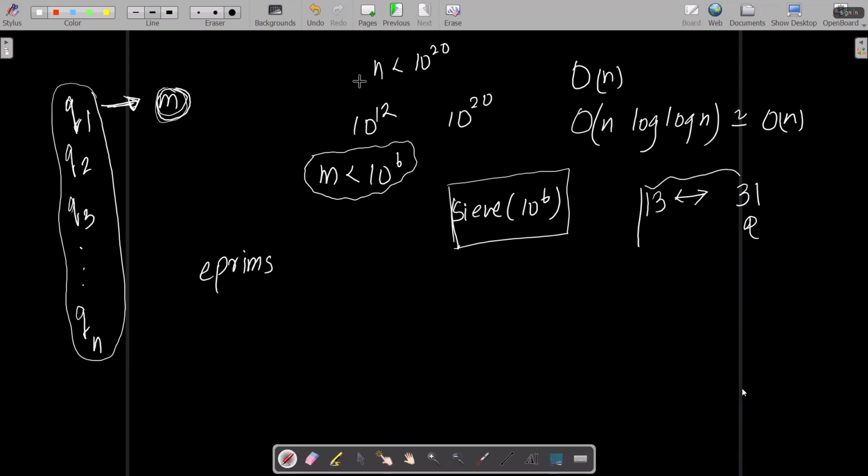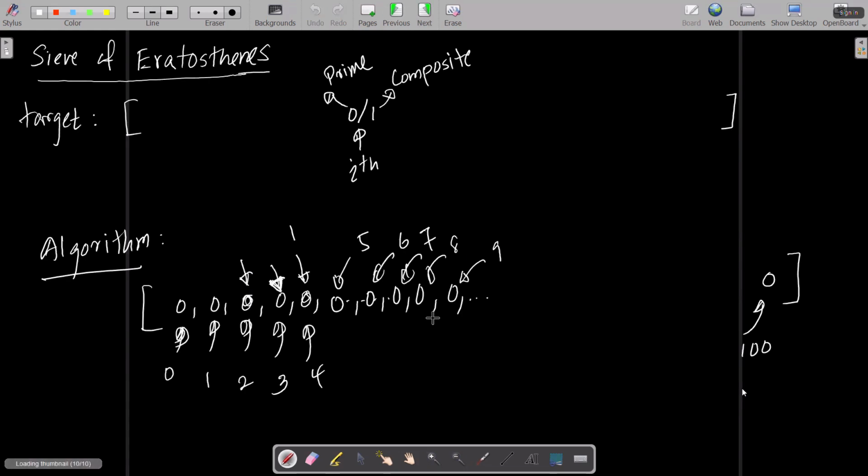Okay. Now actually we can extend this sieve. Here what we did was when we encounter a prime, we set all the multiples to 1. Instead, we can set all the multiples to the prime. Say we iterate from 2, we encounter 2, and we set the value for the multiples of 2 to 2, not 1. Then I come to 3, and I set 3 for the multiples of 3.